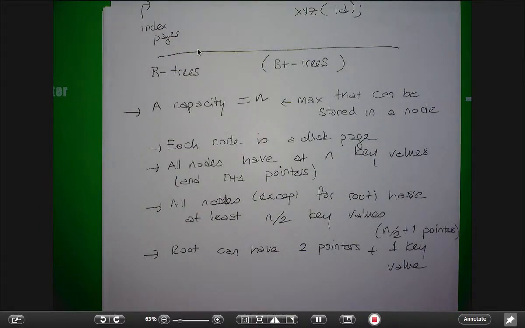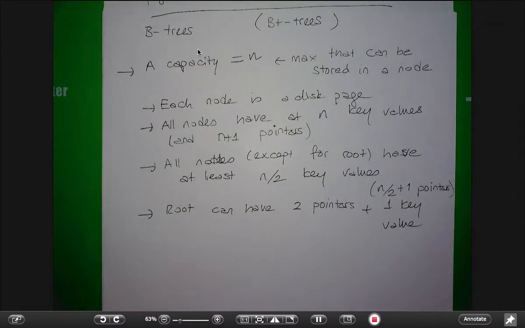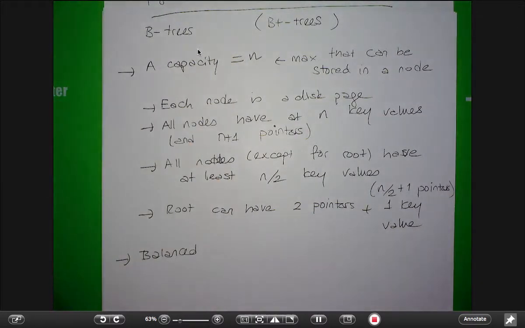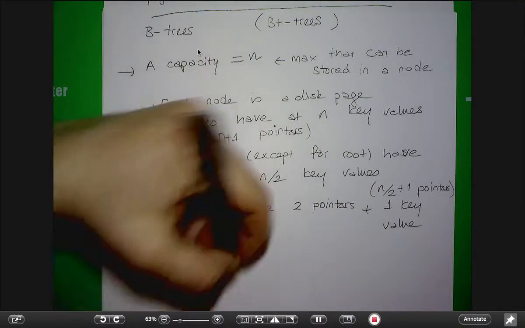Okay. B trees are balanced, meaning that the length of all paths from root to leaf is the same. So they are balanced trees.